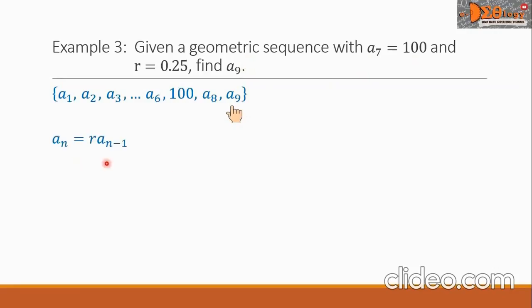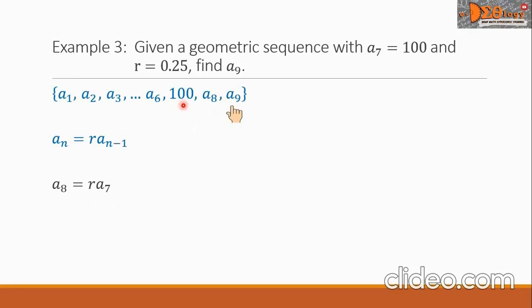Using our recursive formula, we can solve for a sub 8. And our a sub 8 is equal to r times a sub 8 minus 1. And this 8 minus 1 is 7. And take note, this a sub 7 is this value 100.